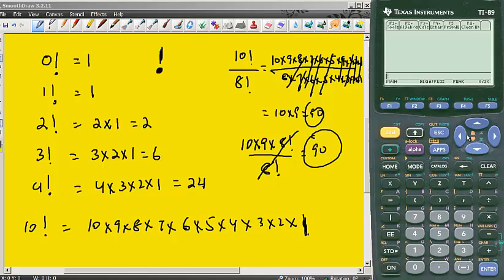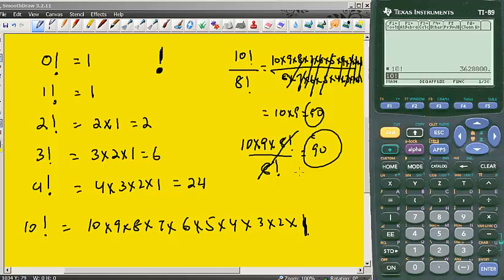We'll get to the NCR NPR. Okay, if you just go 10 and then hit the surprise button after that, you're going to get that, and that is your 10 factorial. Okay? So if you haven't found your surprise button, I will come and help you.